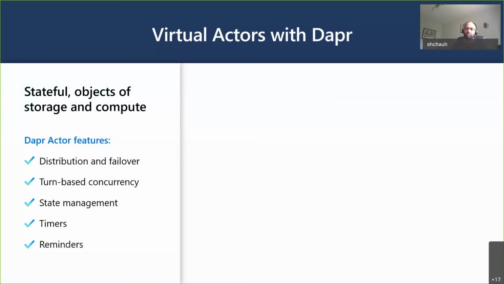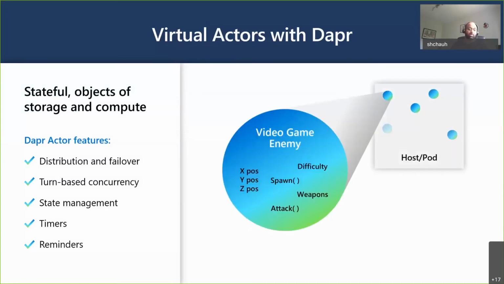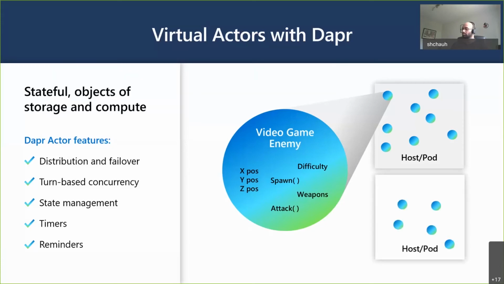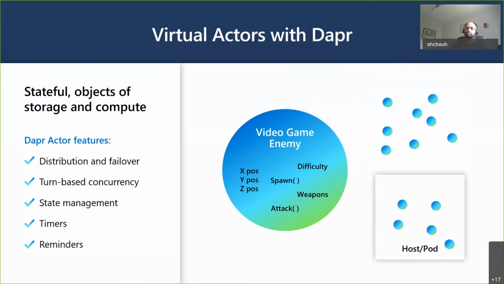It helps you with distribution and failover of these actors, with turn-based concurrency, and with state management, and it also provides a high level of resiliency. As you can see, when one host failed, Dapr changed the placement and moved all the actors to a different host or pod.